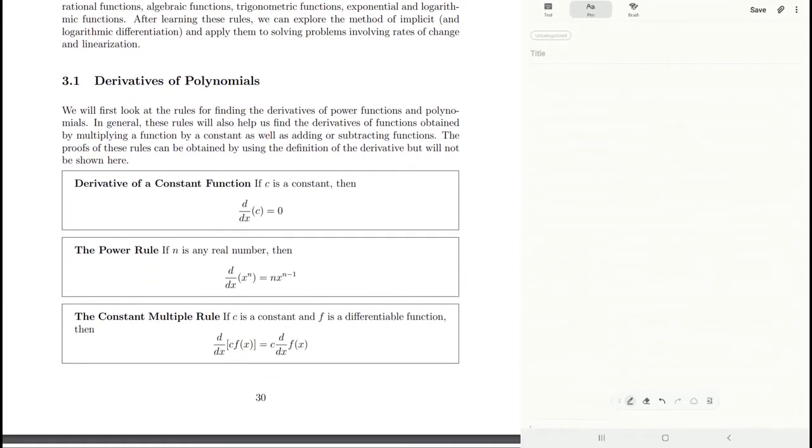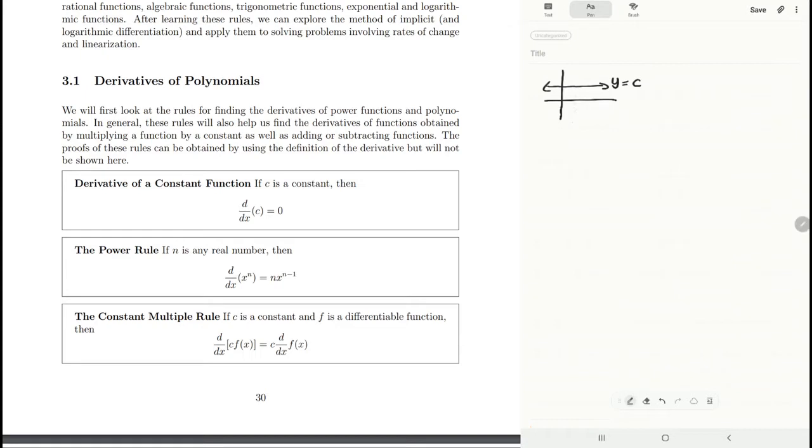So the first derivative rule that we'll learn is the derivative of a constant function. So if c is a constant, then the derivative of a constant is equal to 0. And so what this says is that if our function is a constant, which means that y is equal to c, where c is some real number, then its derivative is going to be 0.